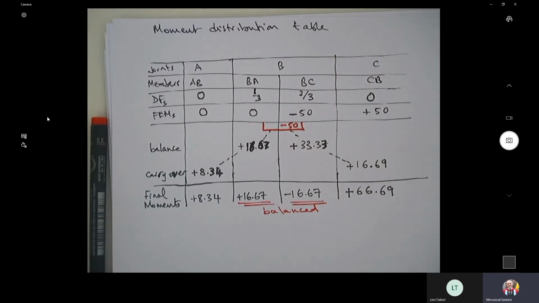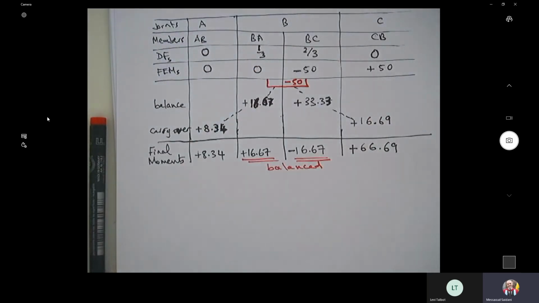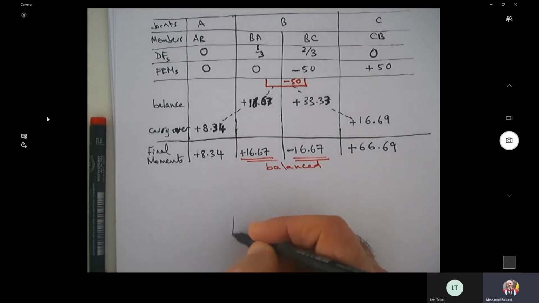Okay, so these are the results now. We've got the moments at A, B, and C, and therefore we can now draw the bending moment diagram for the frame. Okay, so this is the frame here.